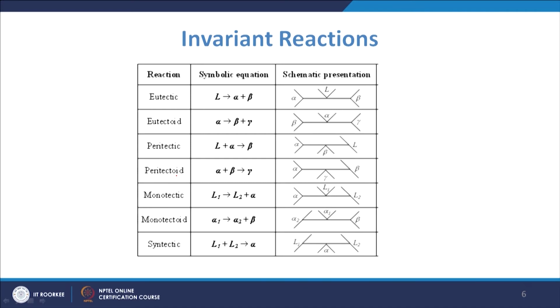The liquid solidifies at a particular temperature and makes a mixture of 2 solid phases, alpha and beta. Normally, in the case of the iron carbon system it is at about 1137 degrees centigrade or 1140 degrees centigrade.